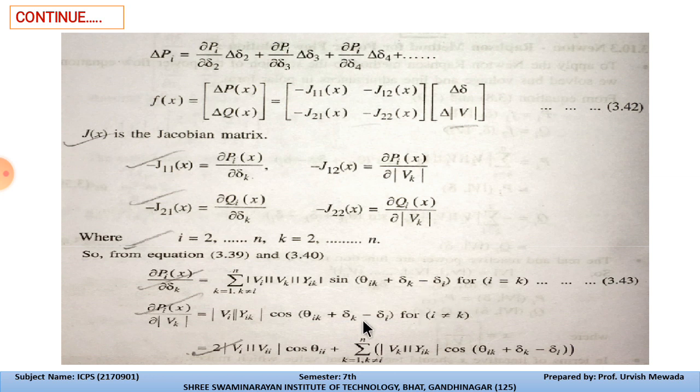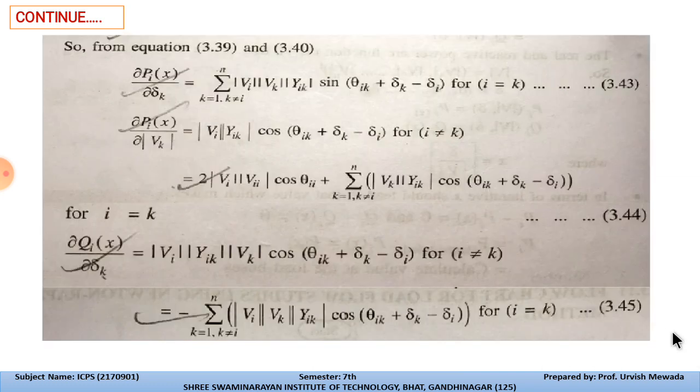So after solving this we can have the value 2|Vi||Yii| cos θii, plus the value that we are going to put, the sum over k = 1, k not equal to i, up to n, of |Vk||Yik| cos(θik + δk − δi), from this equation.